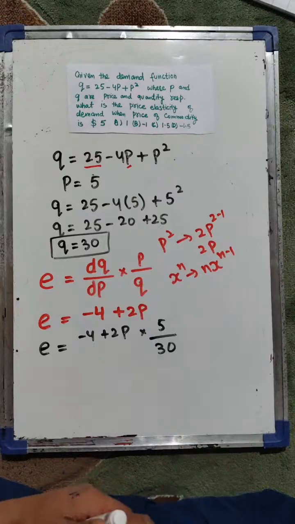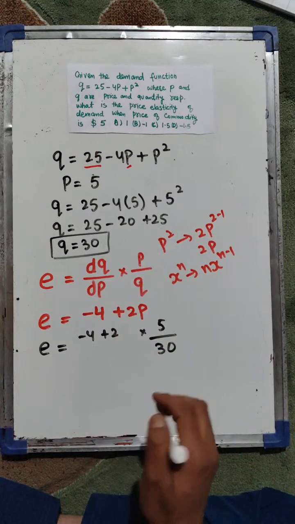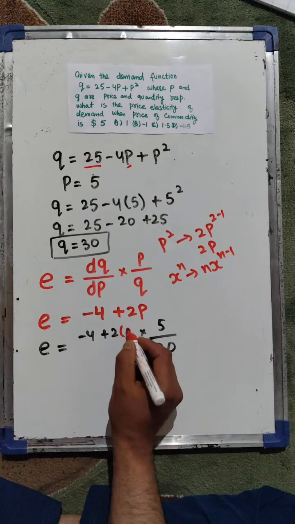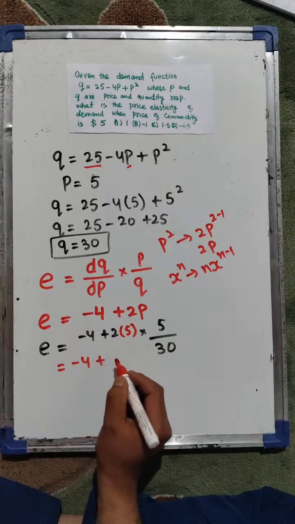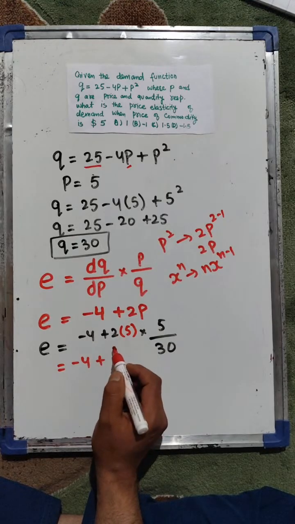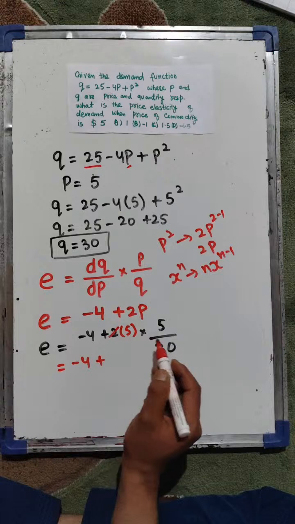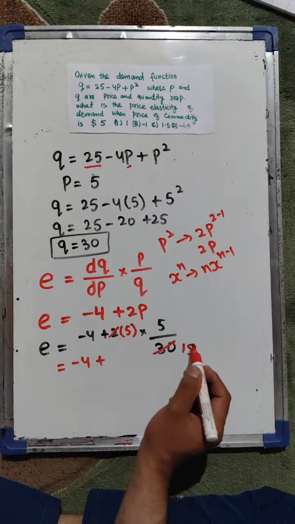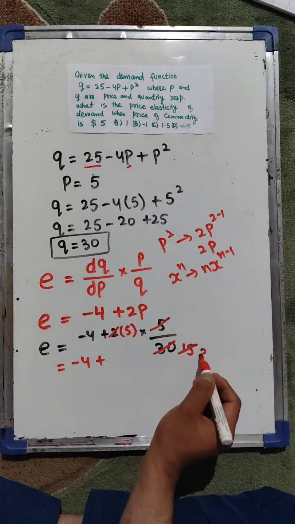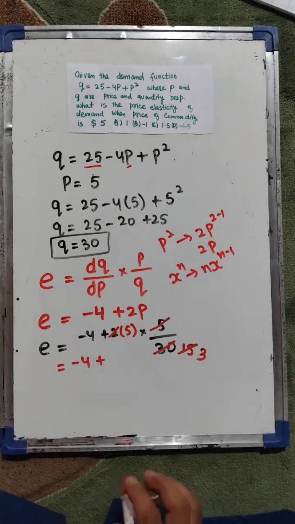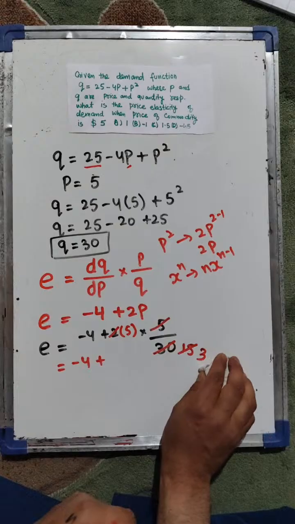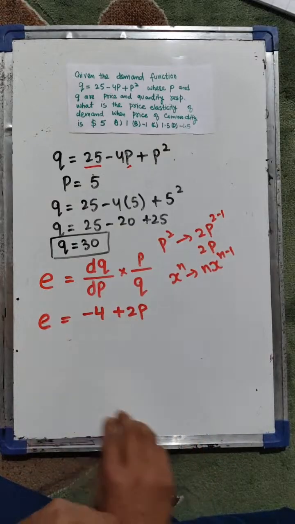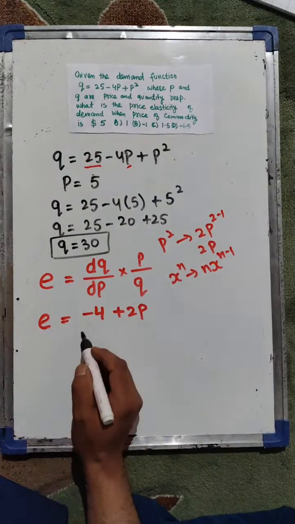Okay, so I should have plugged the value of p here also, which is 5. Sorry, my bad, I have done it incorrectly here. Okay, so let me rectify myself.